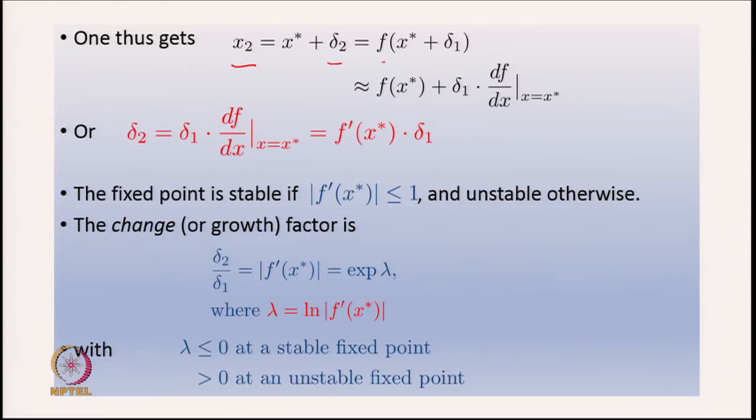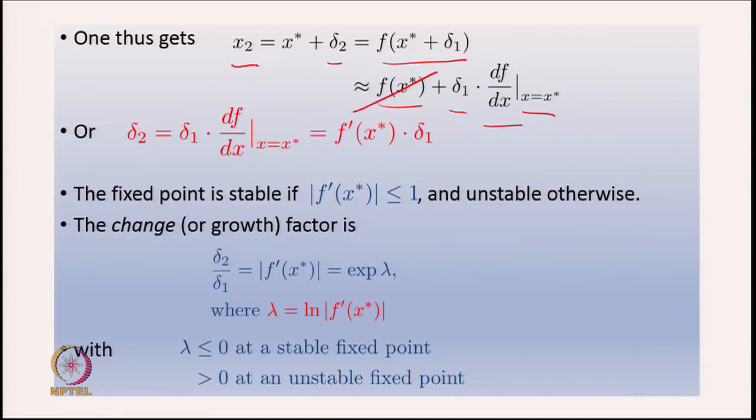This is just f of x star plus delta 1, and doing a Taylor expansion and retaining just the first term says that this is approximately f of x star plus delta 1 times the derivative of the function f at the point x star.